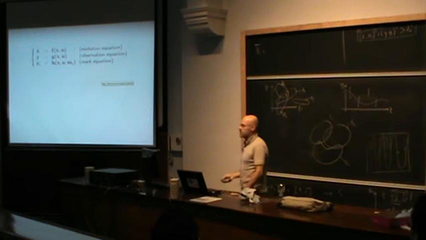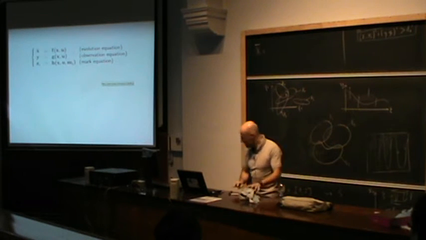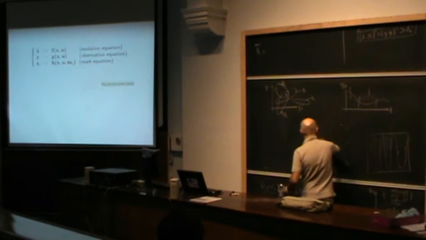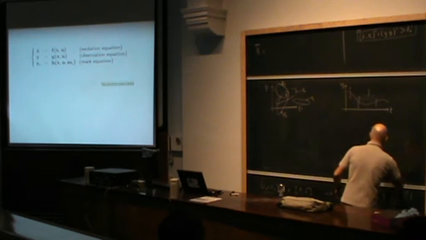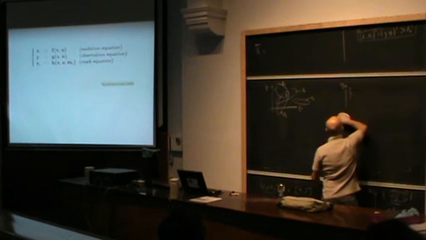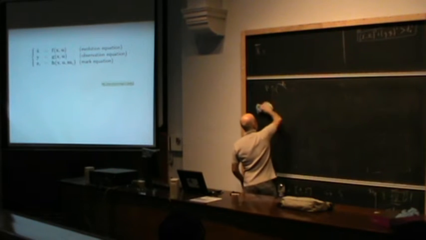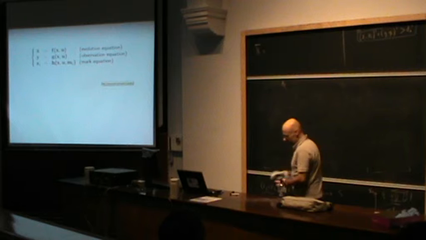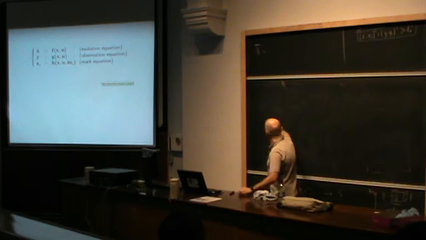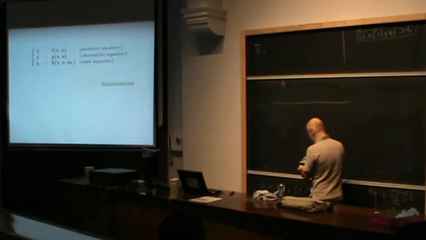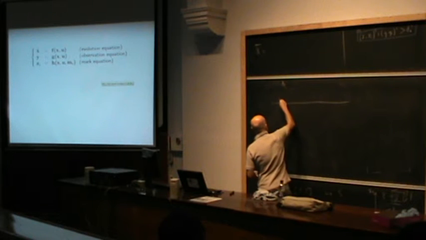So first of all, the SLAM. SLAM means simultaneous localization and mapping. At the beginning, the robot is at the surface of the ocean. It's here.